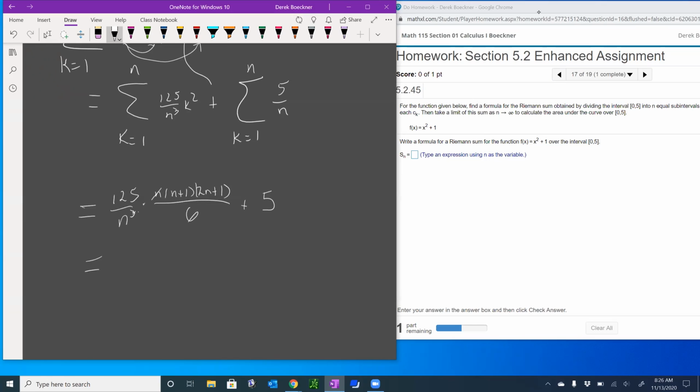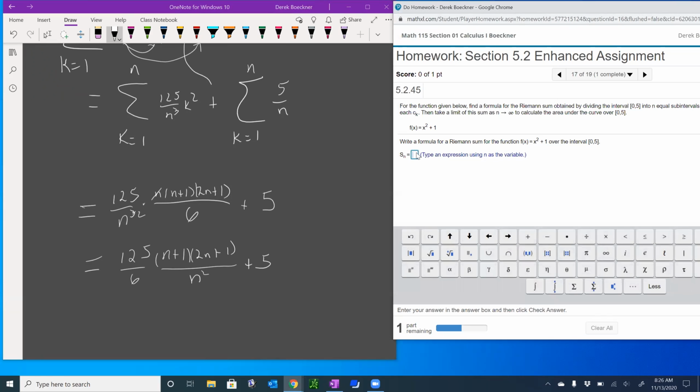Cancel out that, make it a 2. So I get 125 over 6, and then I've got n plus 1, 2n plus 1, over n squared, and a plus of 5. I don't see anything that I can simplify or cancel more there, so we'll just write that.